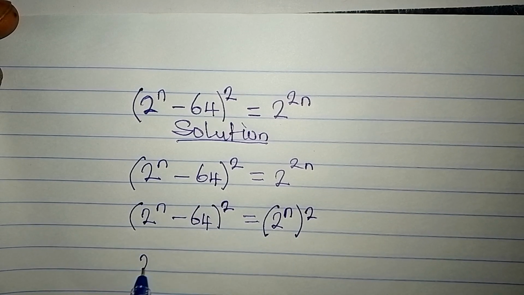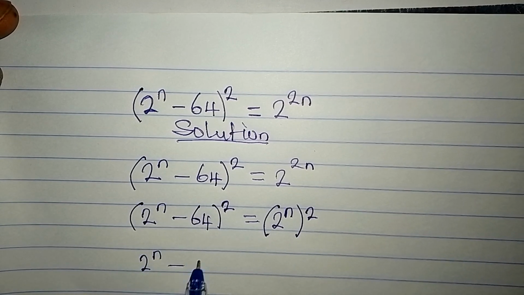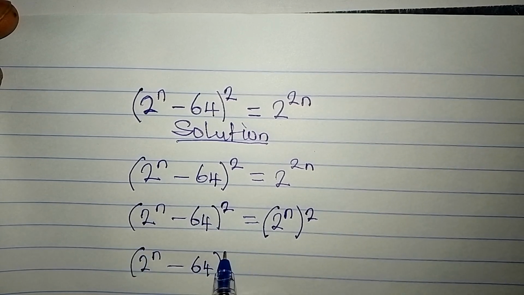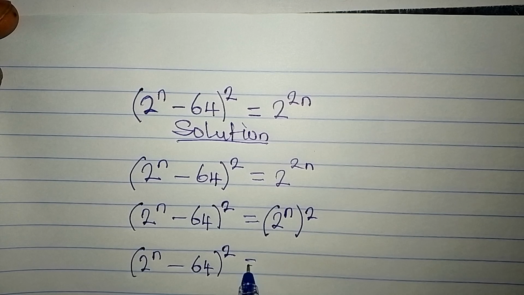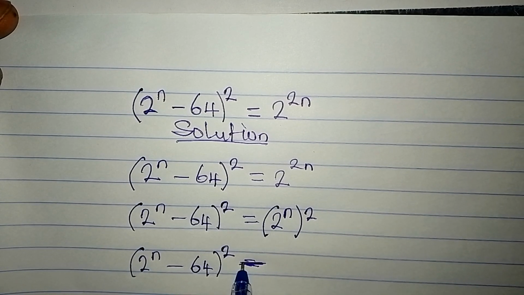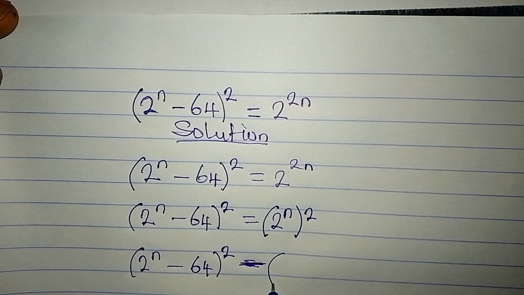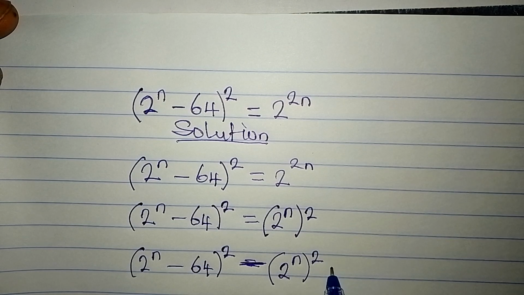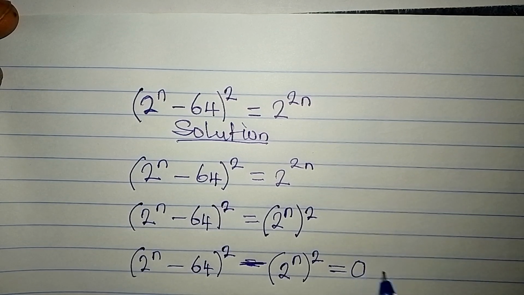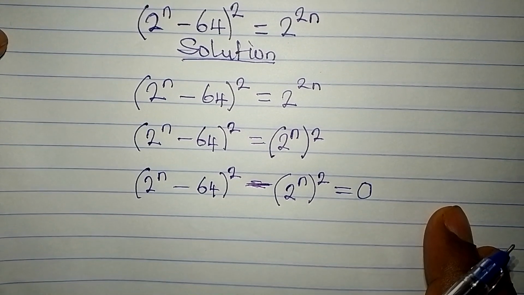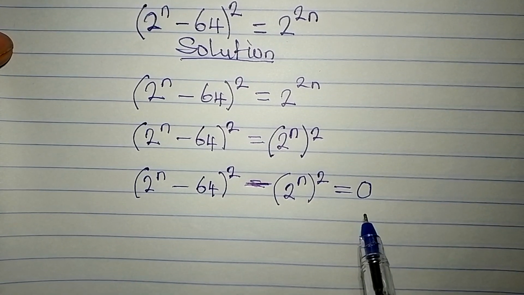So we now have (2^n - 64)^2 minus (2^n)^2, everything equal to 0, because we don't have anything on the right hand side apart from 0.